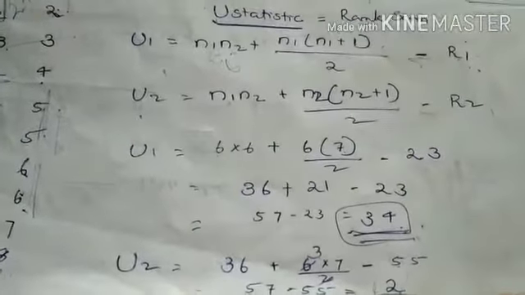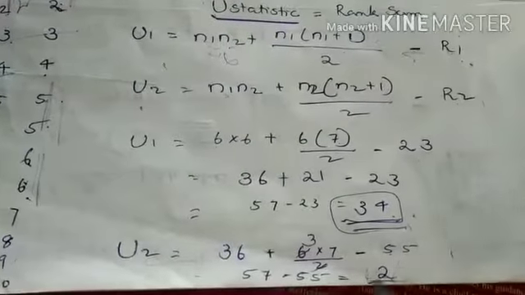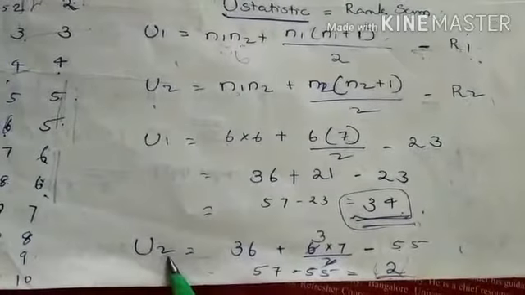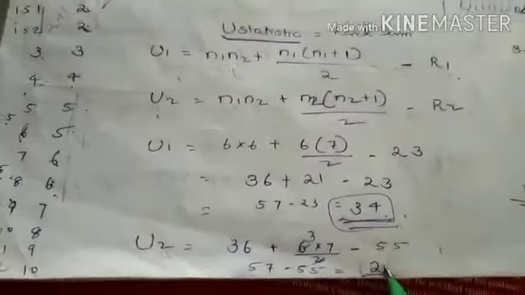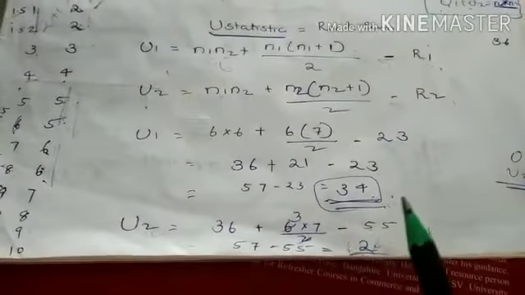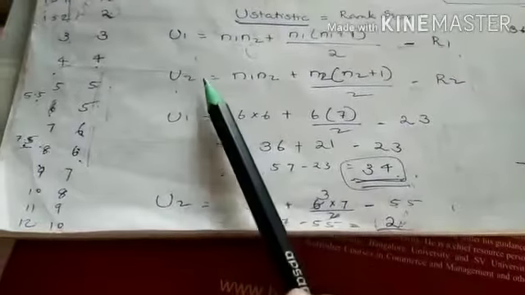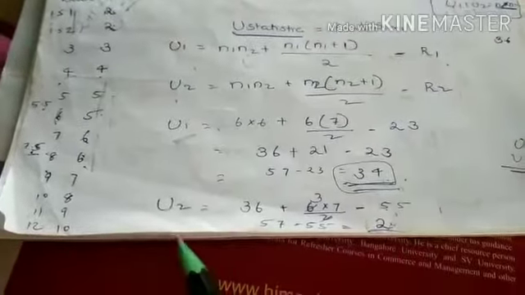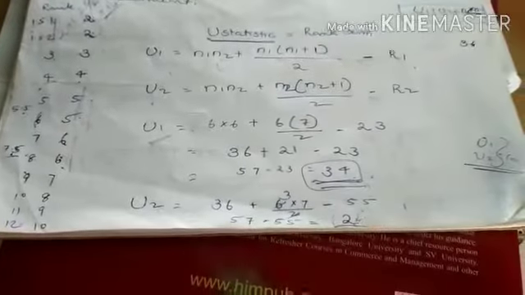Now you can find U2 by substituting the values. The calculated value for U2 is 2. So your U statistic here will be the lowest of U1 and U2. U1 is 34, U2 is 2, so the U statistic for this particular problem will be 2.